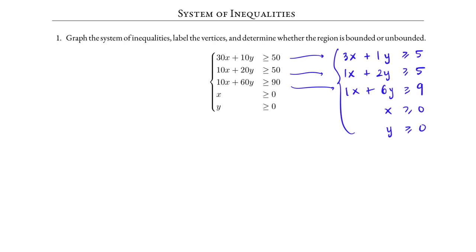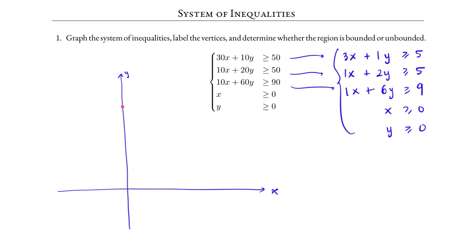We would graph each inequality separately, individually. For the first inequality, when x equals 0, y equals 5, and so the y-intercept is 5. This is a linear inequality.